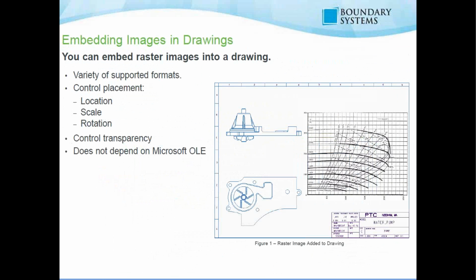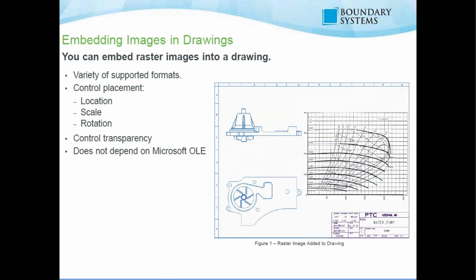Another nice thing about the new things in Creo 4.0 and the drawing package is that you can embed raster images into the drawing. For example, if you want to insert a chart or a graph, then you can insert that into your drawing. As we see here in figure 1, we have this pump.